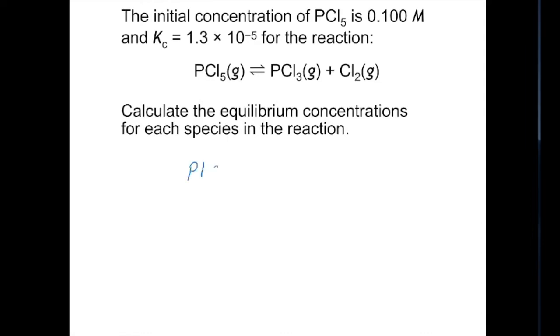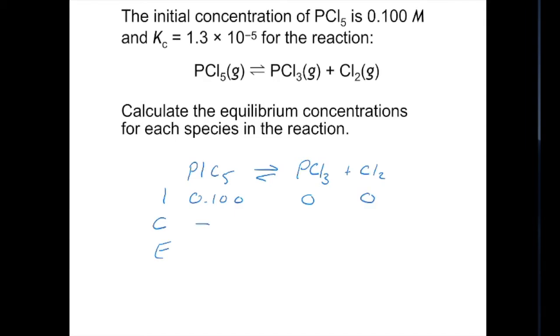So we're going to have PCl5 in equilibrium with PCl3 and Cl2. Our initial concentration, our change, and our equilibrium condition. So initial concentration of PCl5, 0.100 molar, PCl3 0, Cl2 0.